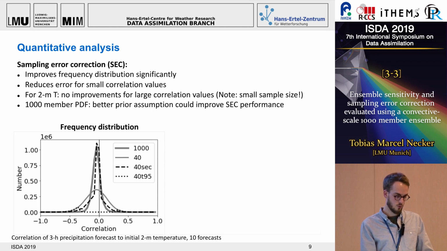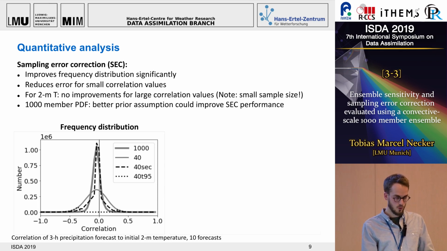The bold solid gray line is the 1,000-member ensemble distribution, which has a smaller width than the 40-member correlation distribution, which is Gaussian shaped. If we now apply the sampling error correction to the 40-member ensemble, you can see that we clearly improve the distribution, which is very nice.